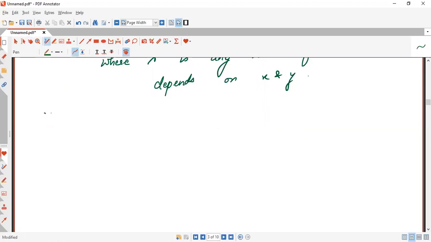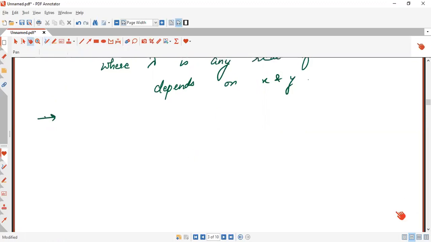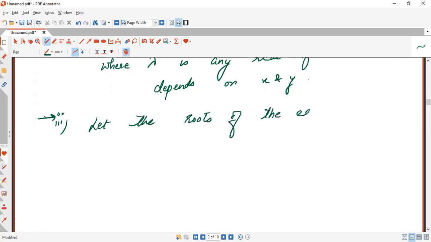Next, the third step. Let the roots of the equation be lambda 1 and lambda 2.